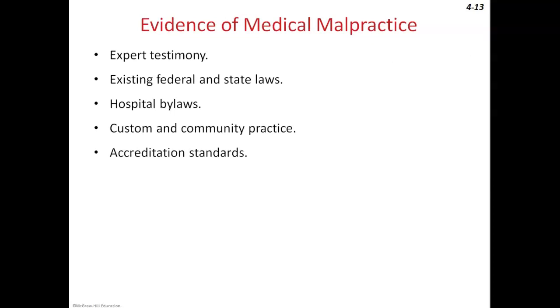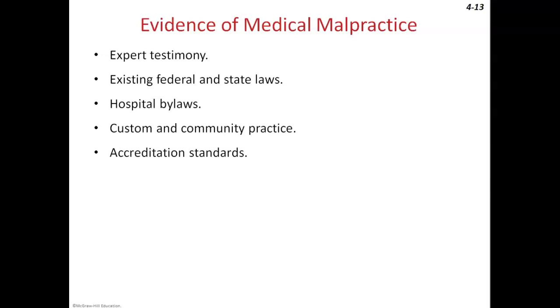A hospital can be held liable for medical malpractice if negligence conducted by its agents or employees, or its own institutional negligence, can be proven. According to legal experts, a hospital owes its patients a duty to exercise a reasonable degree of care when dealing with apparent risks.